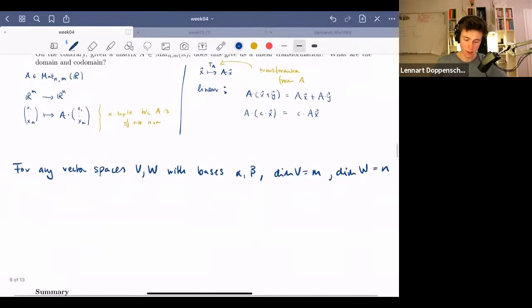We can just define a transformation between these by applying the inverse coordinate transformation.